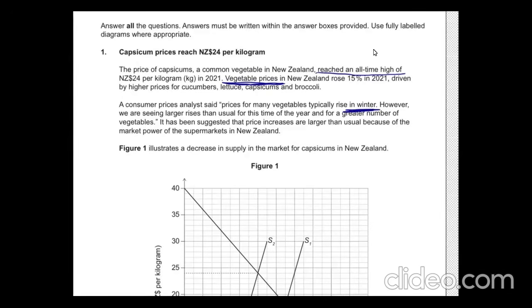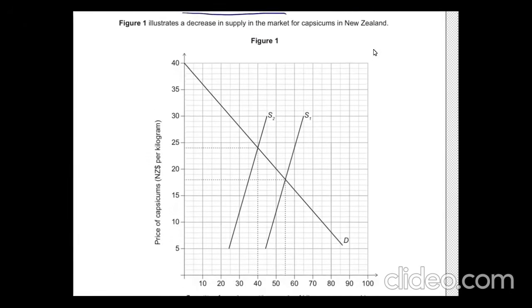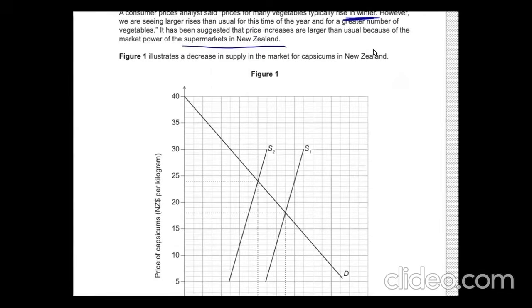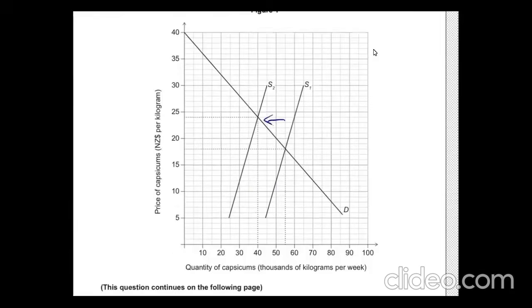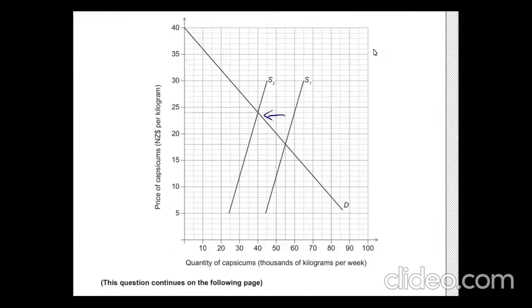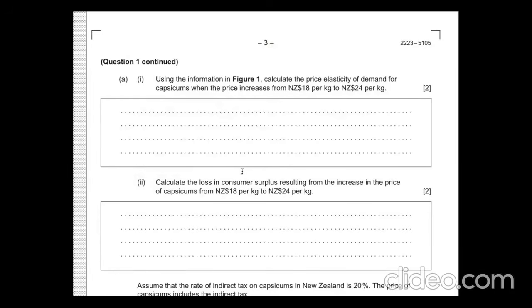However, what is much more problematic is the retail prices, since the supermarket industry in New Zealand is dominated by 2 big companies. Given the information, supply is decreasing, shifting to the left. Obviously, quantity available decreases, price increases.